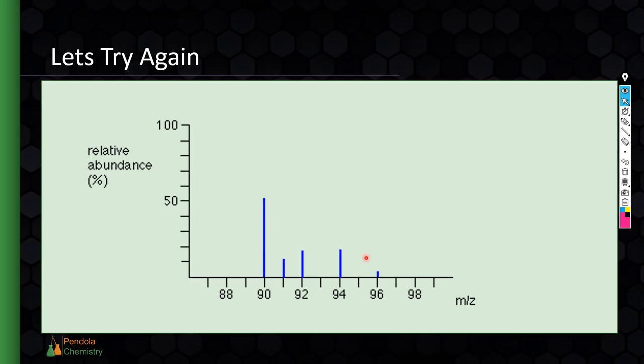than it will be to 96. Why? Again, isotopes with higher abundances, so peaks that are higher, are going to be more influential to our atomic mass than isotopes with a lower abundance. So this is like the 96 isotope here.